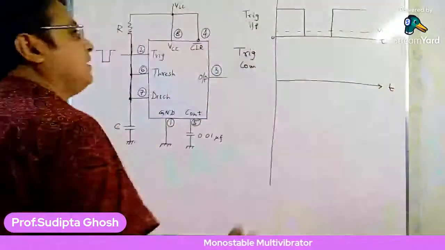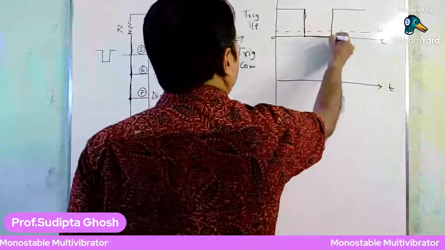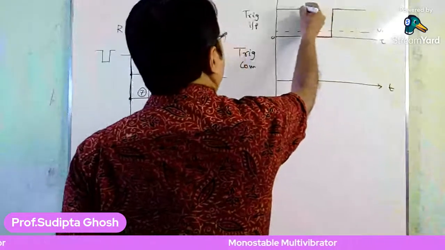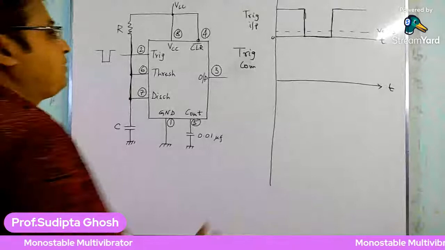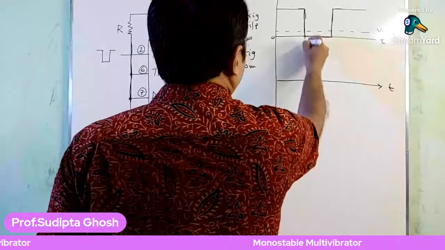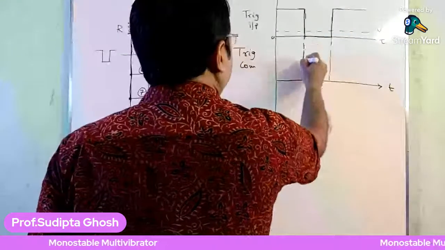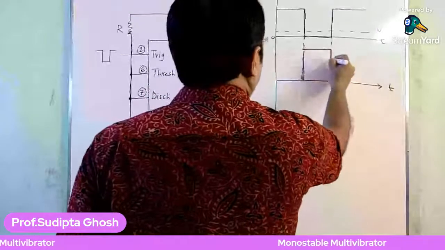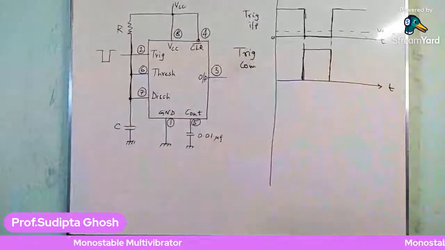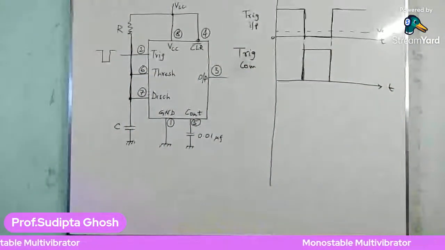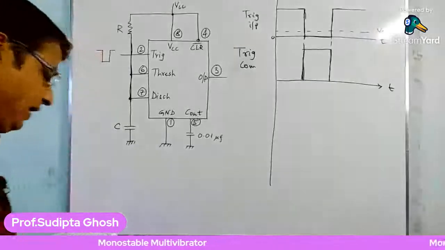As the trigger input goes low, this is the negative going pulse, and as this negative going pulse appears, it will make the trigger comparator go high. What I have explained, I am showing in its waveform. So the trigger comparator goes high.